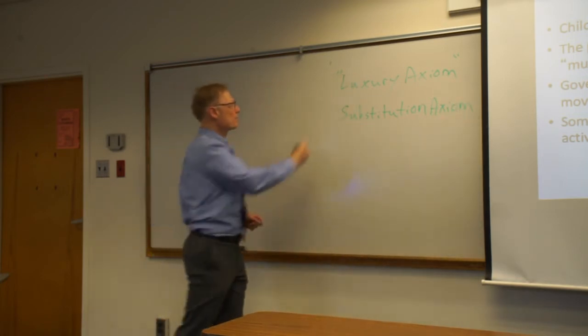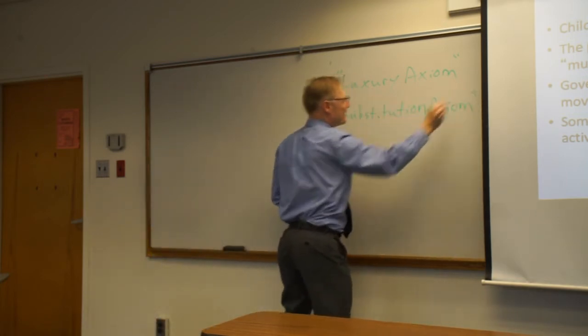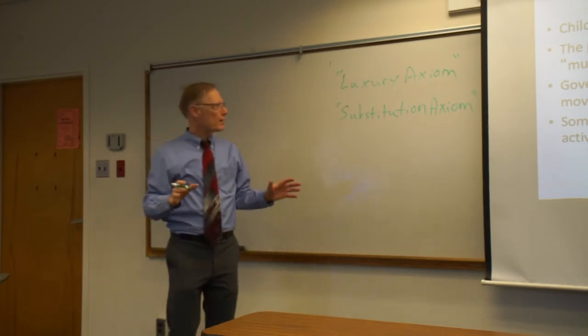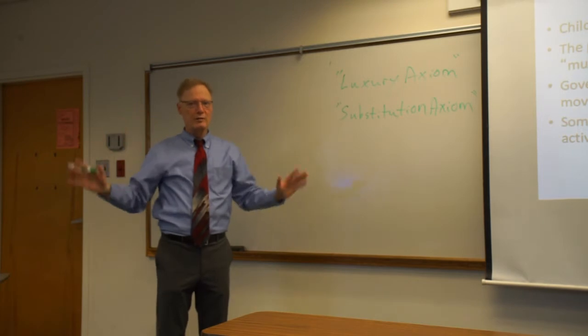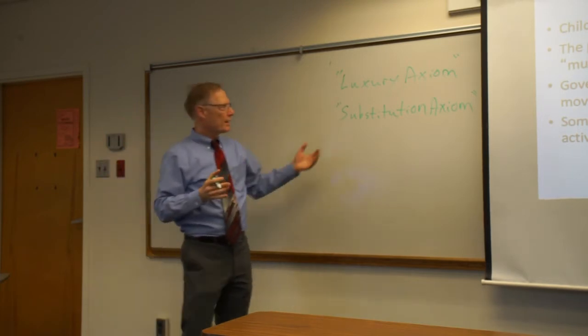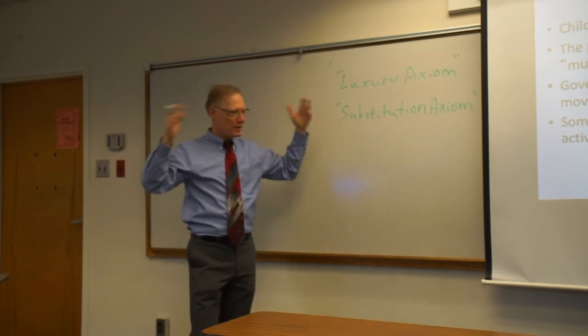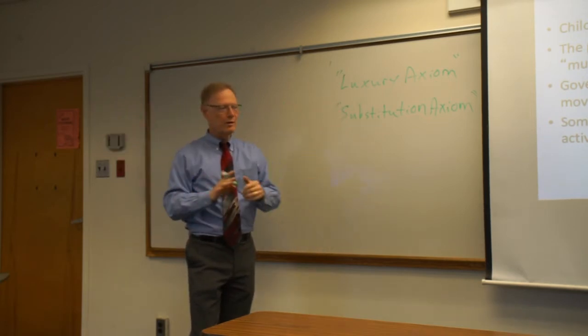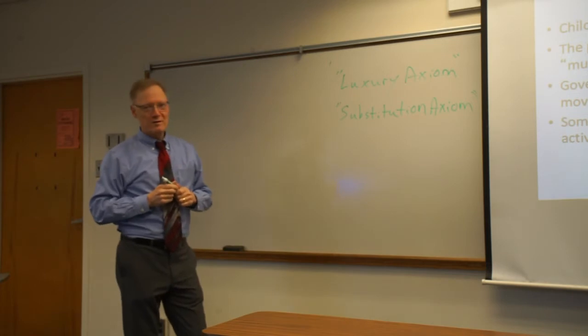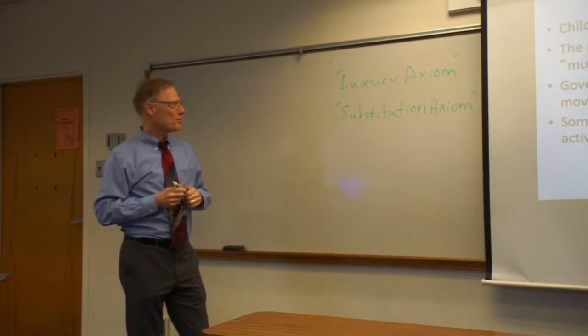And so the substitution axiom, in very simple terms, says that everything that a child can do, an adult can also do. And so it challenges the idea that we have child labor because children have nimble fingers for producing rugs. If that's the case, well, the substitution axiom doesn't hold.